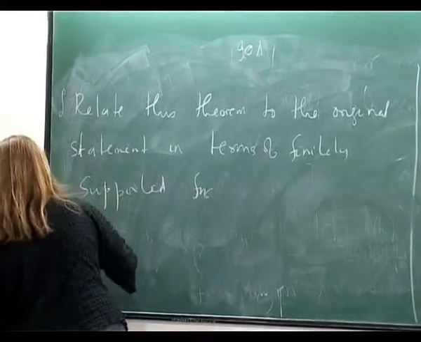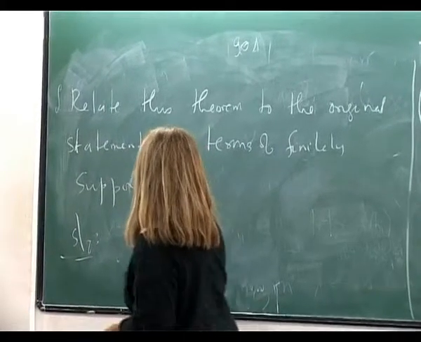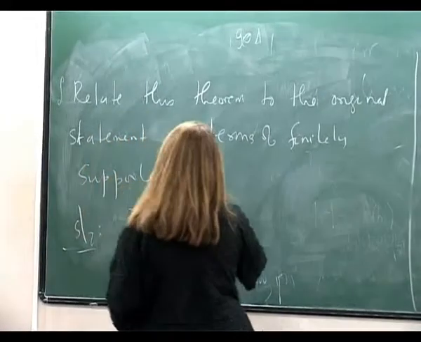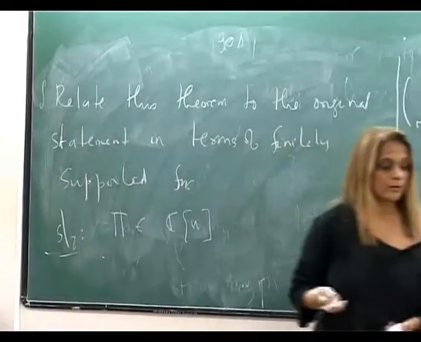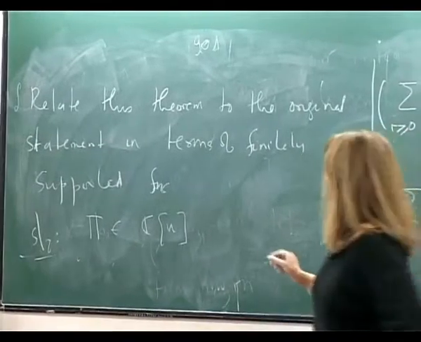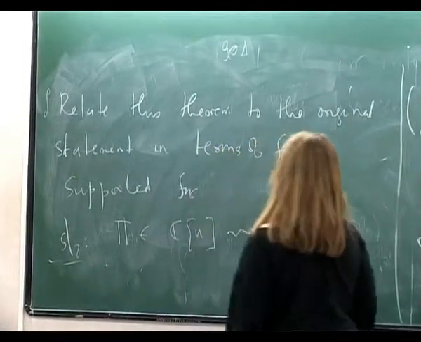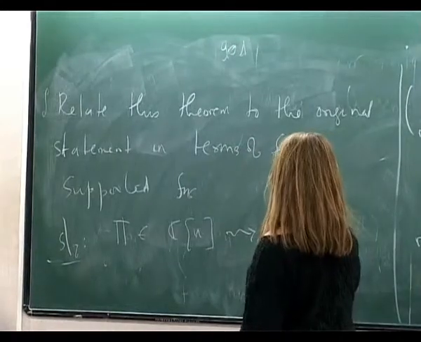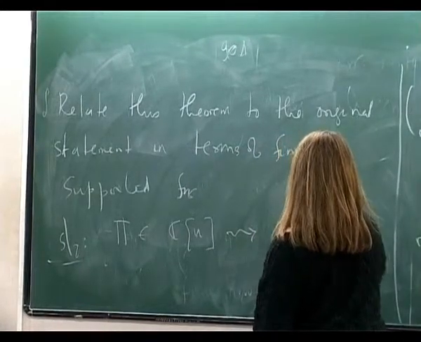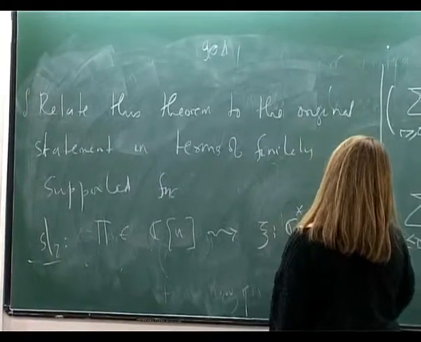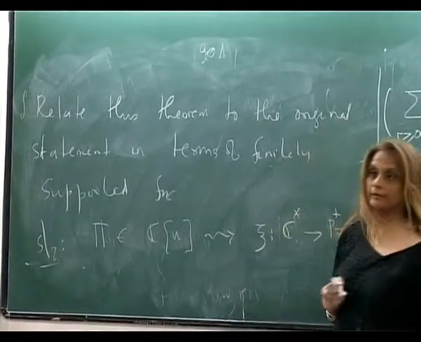That's always enough. In which case, I have a single polynomial pi. What do I need to do? I need to produce a finitely supported function psi, which will go from C star to P plus. And what is P plus for SL2? It's the non-negative integers, right?